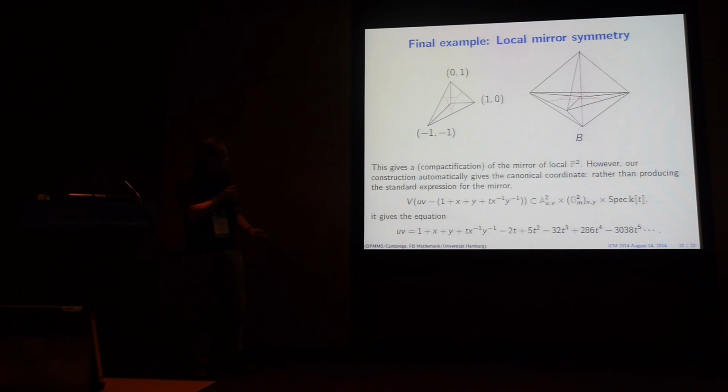And the miraculous thing is that once you make this modification with this power series in t, t is now the canonical coordinate in the sense of mirror symmetry. So this exhibits the fact that we do get canonical coordinates. And you already can see it. So the first interesting case is really this one. So I think that is it. So thank you.